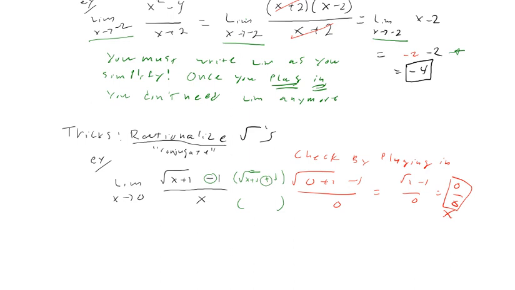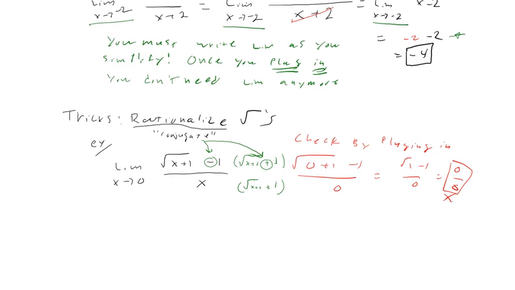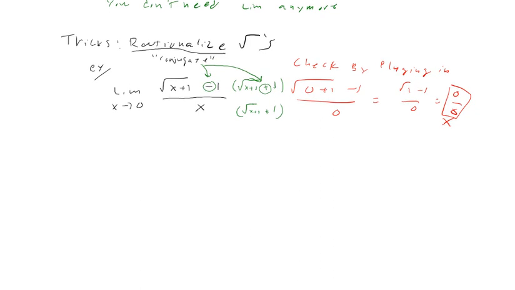Conjugate means the opposite symbol. And the same thing on the bottom, square root x plus 1 plus 1 on the bottom. So I multiply the top and the bottom by the same thing. Okay? This is how we rationalize our square root.